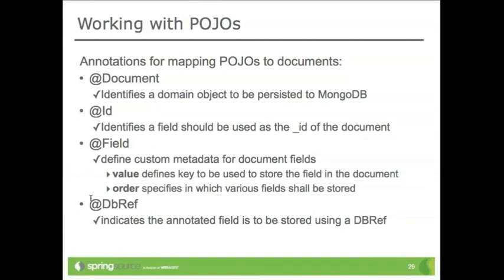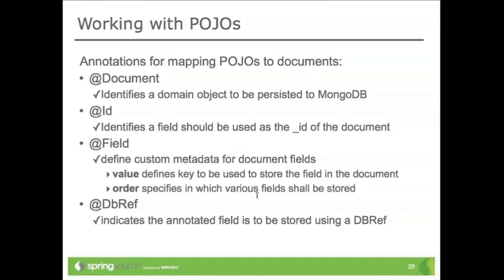So we're working with POJOs. You have annotations. I already mentioned the Document annotation, which identifies the domain object to be saved as a MongoDB document. The ID annotation identifies a field. There's a Field annotation where you can specify the order that you want your fields to be placed in the document, and you can also change the name of the key used in the document for the field name.